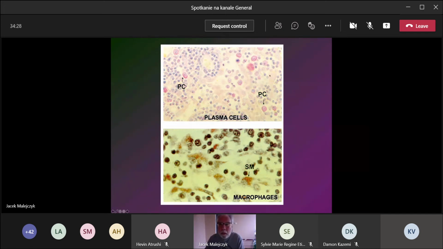What you see are two different pictures from the medulla part, where you can see the single plasma cells. They are stained with pyronin, the agent which stains the endoplasmic reticulum, in particular ribosomes, in red. So we see they contain a lot of this stuff, and so they are very active.